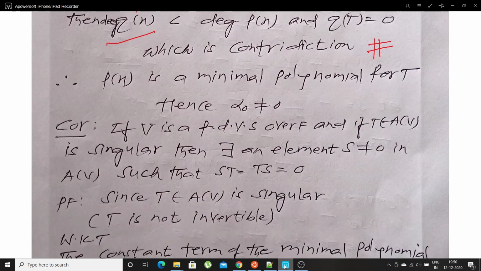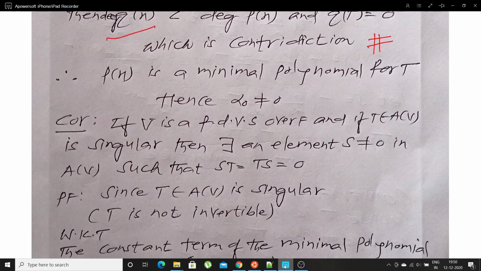Let me take one corollary. V is a finite dimensional vector space over a field F. If an element T belongs to A(V) is singular, singular means left invertible is not equal to right invertible, then there exists a non-zero element S in A(V) such that St is equal to Ts equal to 0.